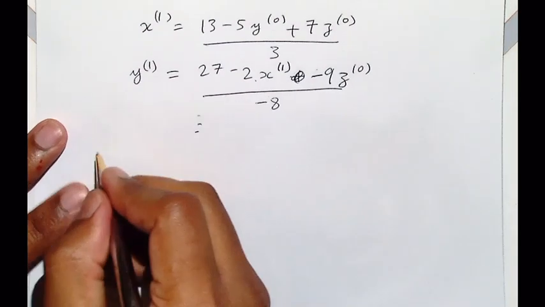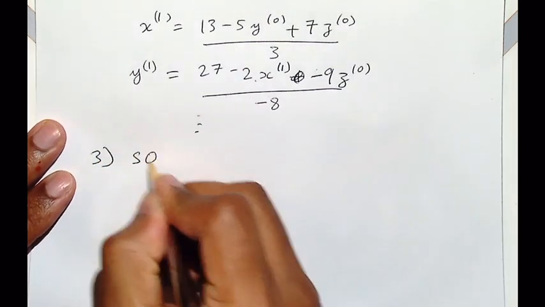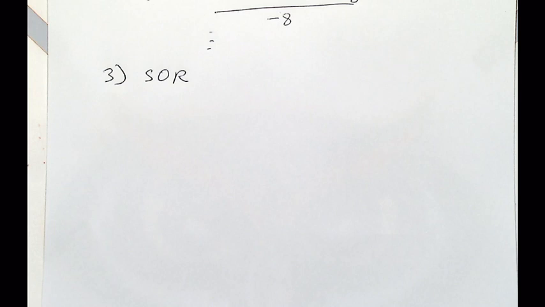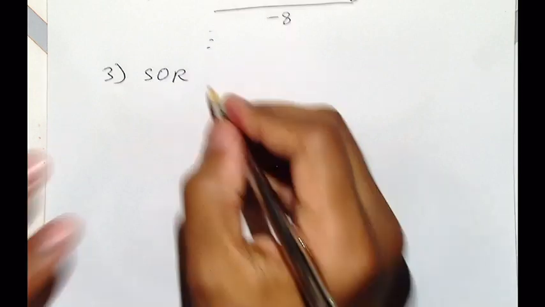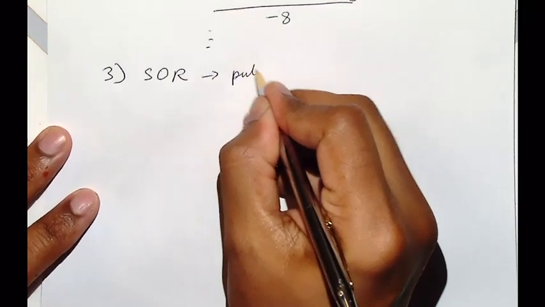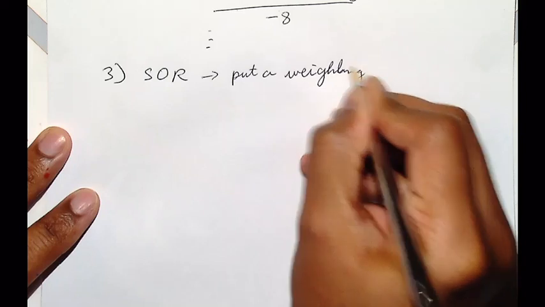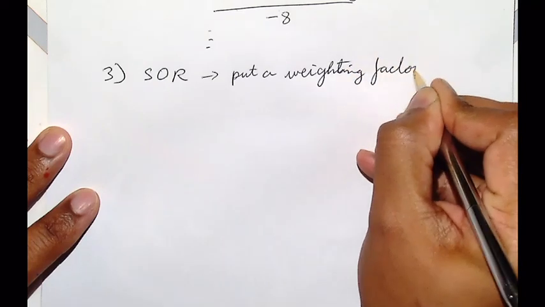But let's do the third one. SOR, successive over-relaxation. Do you know what this is? What is it? Put a weighting factor for Gauss-Seidel updates.